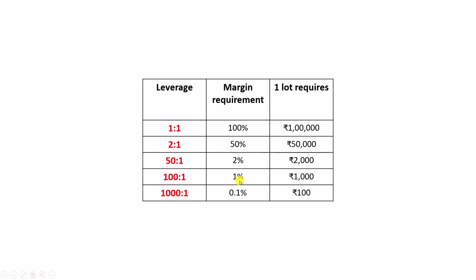The remaining 99% will be given to you by your broker. So if you want to trade this much worth of currency, you need to have only 1000 rupees in your account. The remaining will be given by the broker. This is a very high leverage, but some brokers do offer this. If this is the leverage, then you need to have only this much in your account to control this much rupees.